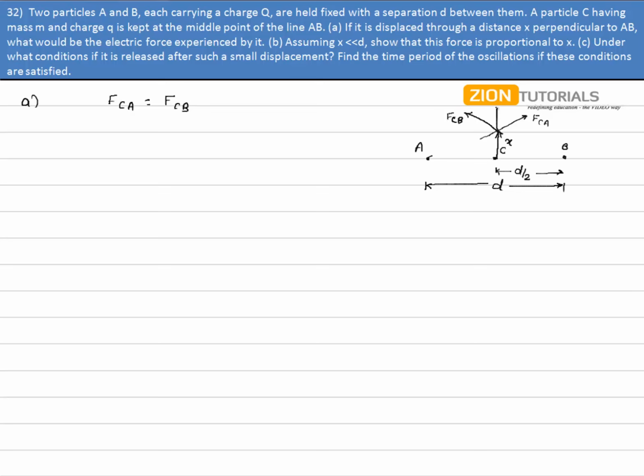Now on resolving the components in the two directions, let this angle be theta. Now by equal and opposite angles, this angle is again theta. So it can be easily calculated that tan theta is given by D by 2 divided by x.